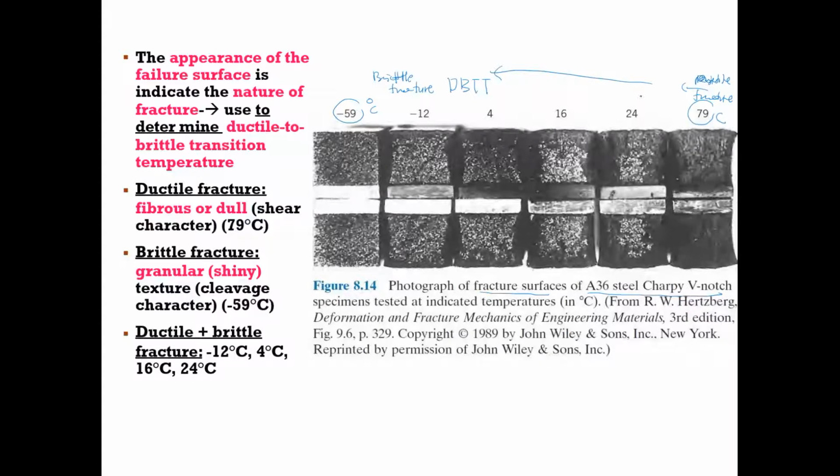Once we lower the temperature to negative 59 degrees Celsius, we can see a very shiny granular texture, which is cleavage character at this temperature. And between this, from 24 down to minus 12 degrees Celsius, we can see the difference between ductile to brittle transition.